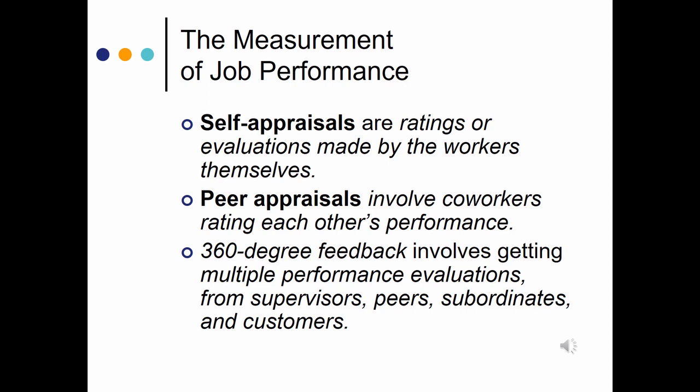And the third one is 360-degree feedback. 360-degree feedback is a process of evaluating employees from multiple rating sources, usually including the supervisor, peers, subordinates, and also by themselves. This is also called multi-source feedback.